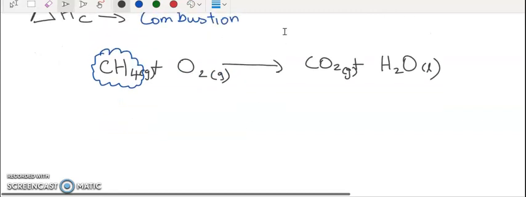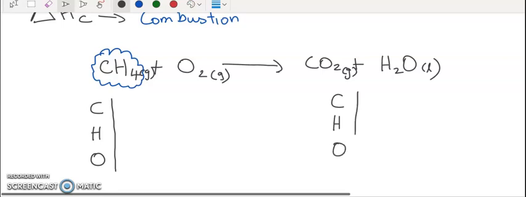The way I like to balance this equation is by writing down what are the elements that I have on this side. So I have a carbon, I have a hydrogen, and I have an oxygen. And I'm going to draw a line so that this stays as it is. And on this side, I have the same elements. I'm going to write them in the same order just so that it's easier to visualize.